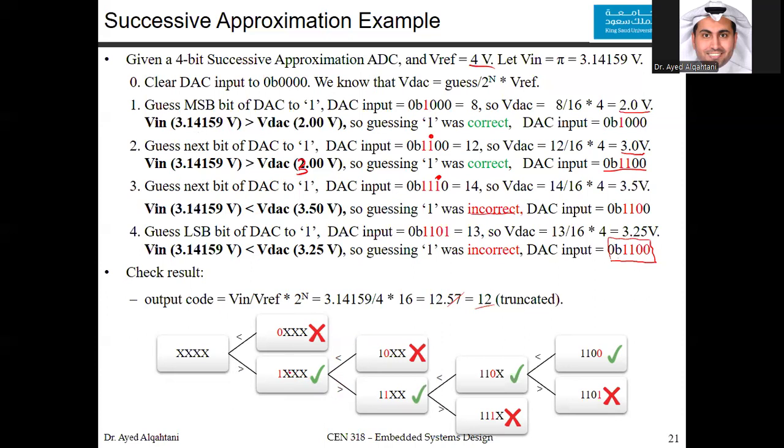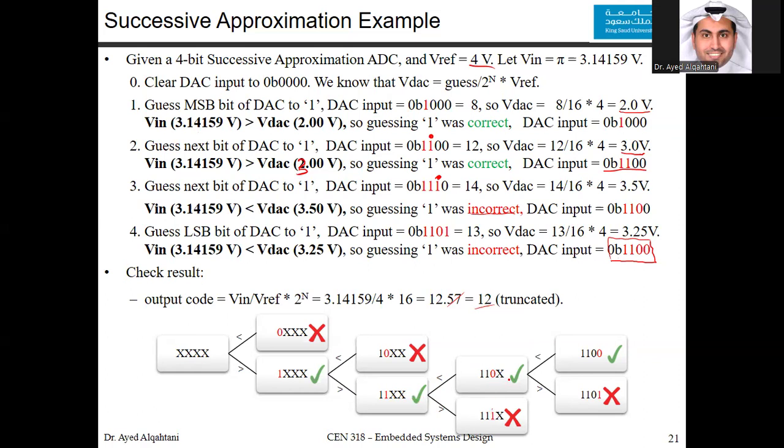So now you know 1 is correct, and you guess the other one. Here, if it is 1, and here it is 0, this is what you test. If it is less than or larger than, you know at this point that this one is correct, and you move to 1 and 0 for the next bit, and you do the comparison for these 2 values.